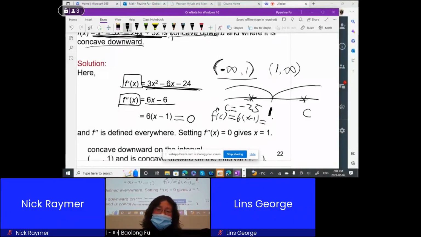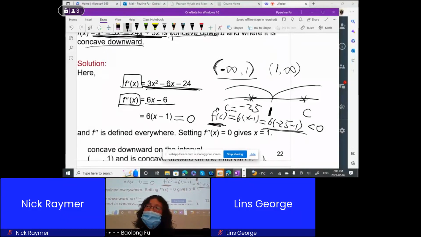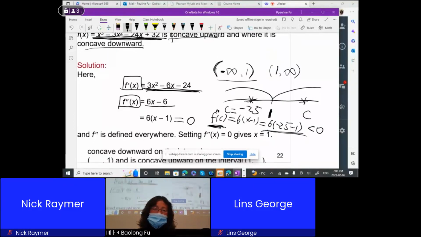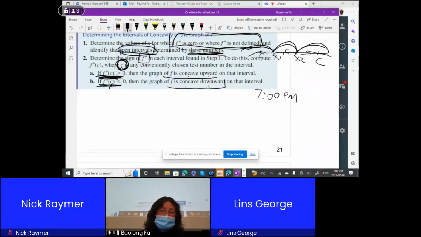So you pick C equal to negative 24. Do you see this number is smaller than 0? You don't need the final result. You just need to know if the second derivative is greater than 0 or smaller than 0. You know this number is negative. So when you have a second derivative smaller than 0, what is said here?